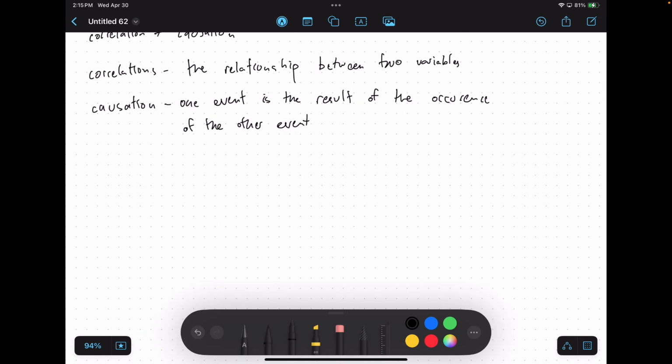But going back to some of the examples that we've looked at in the past, right? There was an example where we looked at wages, right? And in that example, we saw that there was a wage difference that was observed between people who are female and people who are male, right? And so is that a correlated relationship or a causal relationship? Correlation, right?